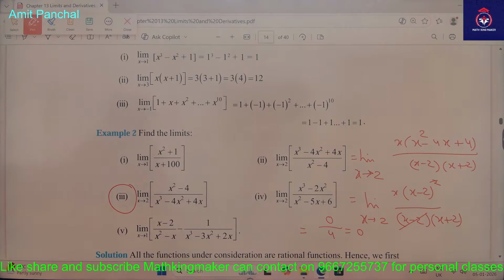If you're getting it 0 by 0, then you just try to factorize it and try to remove that.